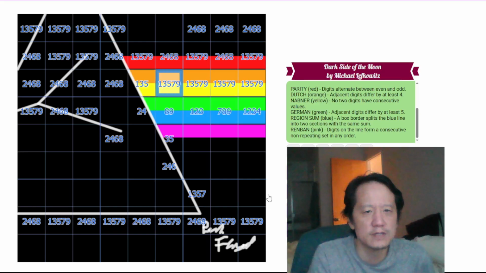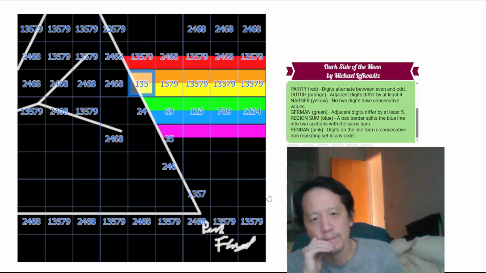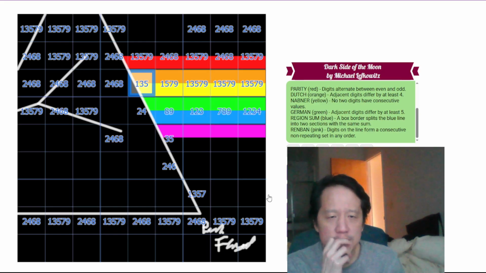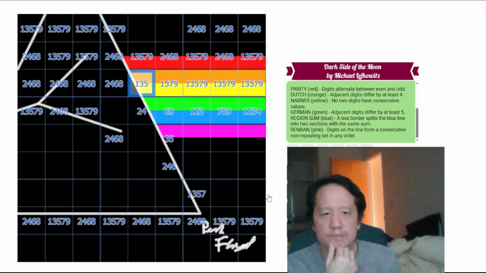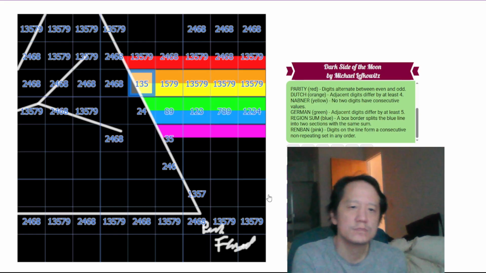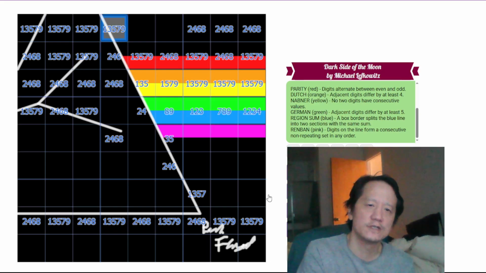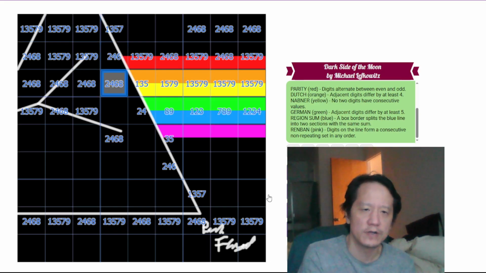Which means this cannot be 3. 3 is not 4 away from 1, 3, or 5. 1, 3, and 5 is only consecutive with 2, 4, or 6, so this can't be 9 either here.